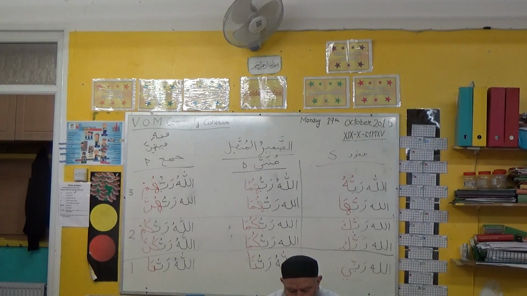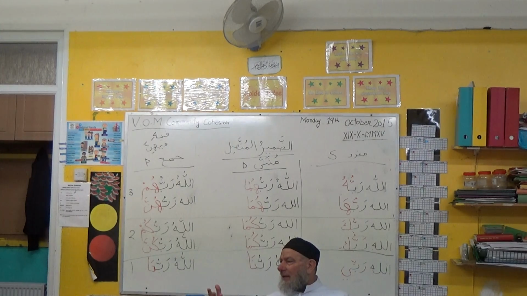Right. And for the ya, again we say it depends on the word before it. So I can say kitabi or kitabiya. Iqra kitabiyah. It depends on where the word comes. So it might be i or ya. It depends on the context.